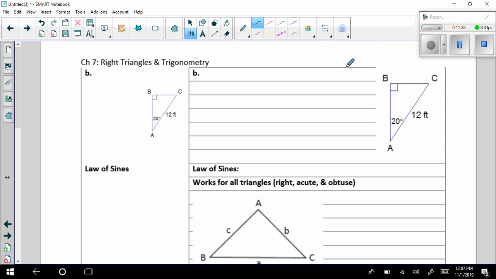As far as what we're missing, AB, we're missing BC, and we're missing the measure of angle C. The measure of angle C is the fastest to find because we can take 90 minus 20, which is 70.